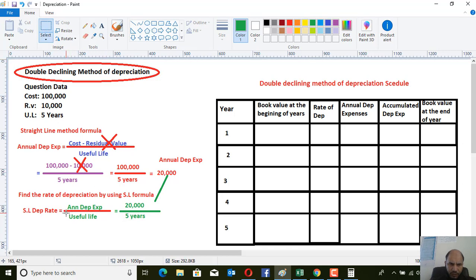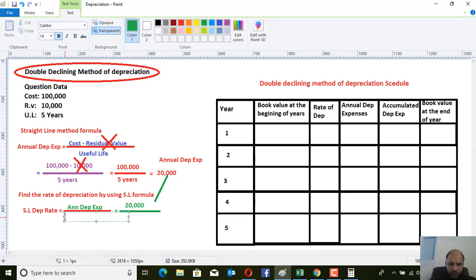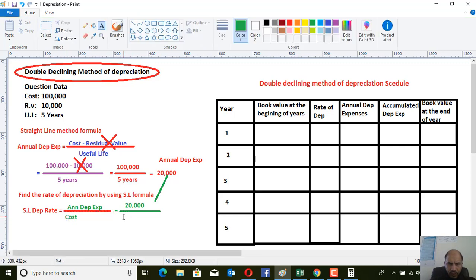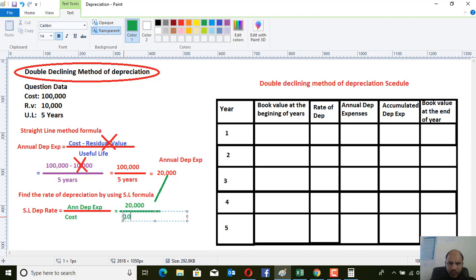This is not the useful life, this is the original cost of the asset. So what is the original cost of the asset? The cost of the asset is equal to 100,000 rupees.